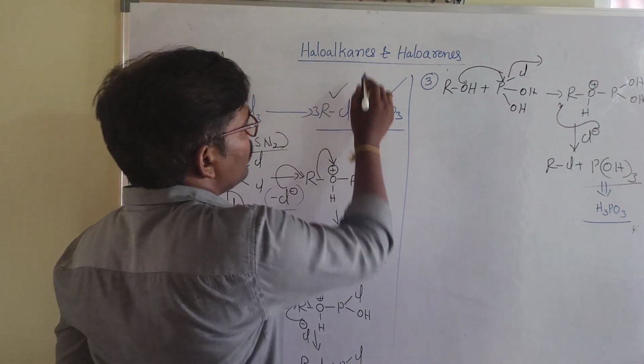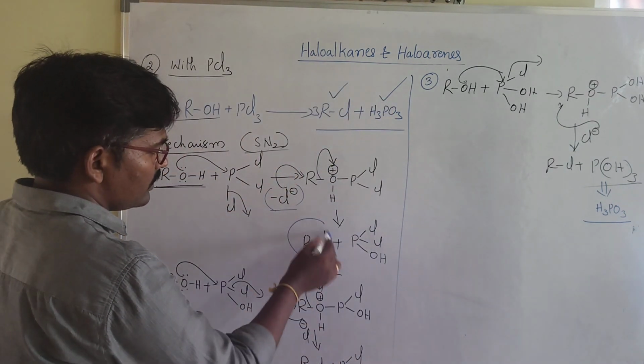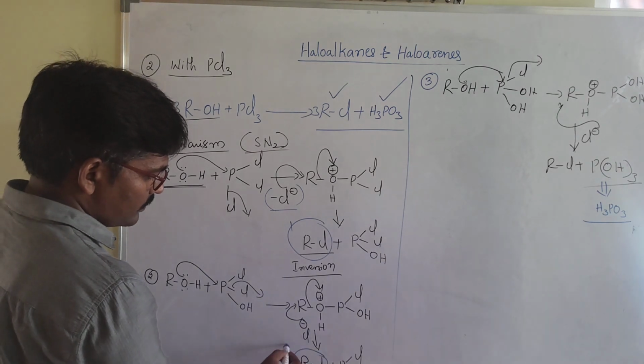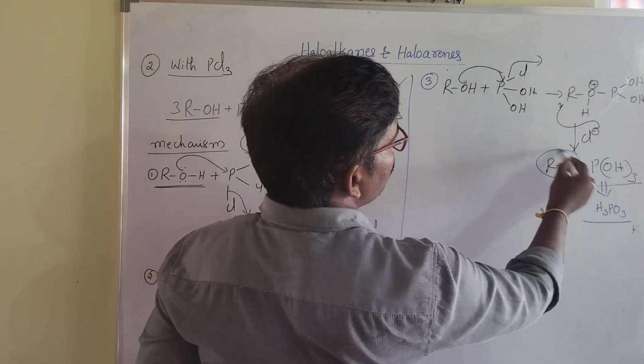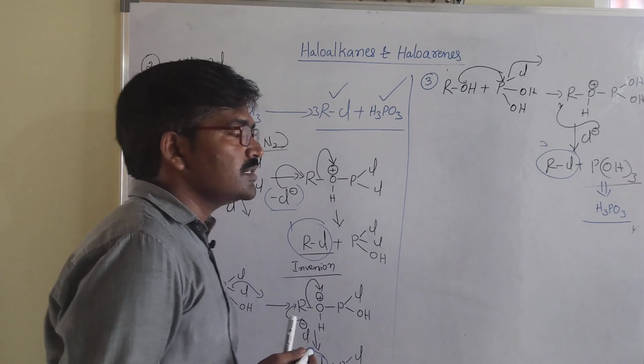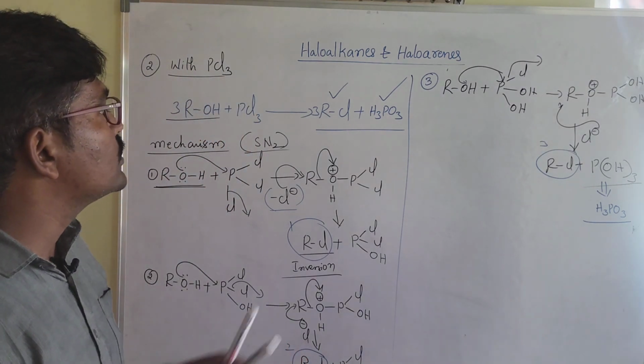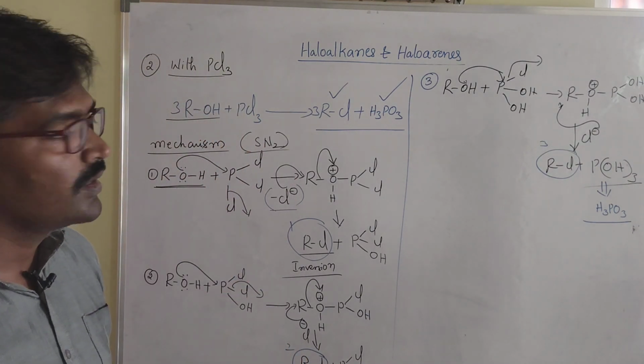Then how many R-Cl are formed? So this is 1, then this is 2, then this is 3. 3 moles are formed. So 3 moles of products are formed in this. Clear, all of you?